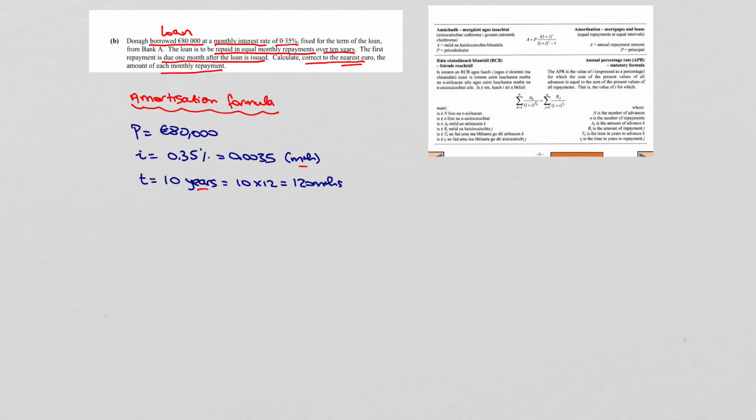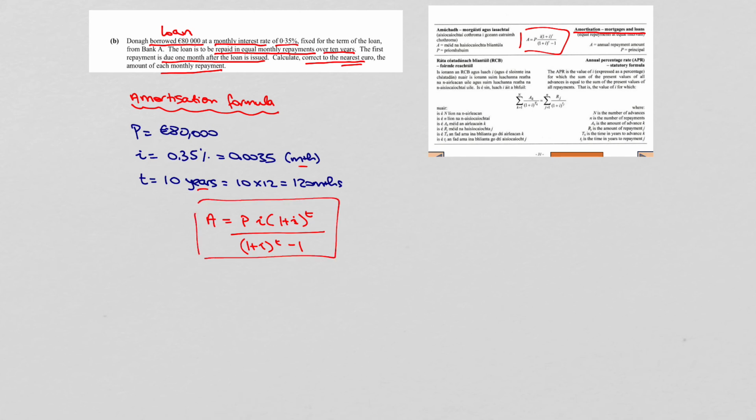So if we go to page 31 in our maths tables, we can see our amortization formula here at the top is given by A is equal to P times I times (1 plus I) to the power of T, all over (1 plus I) to the power of T minus 1. So simply subbing in our values then, we can get our monthly amount.